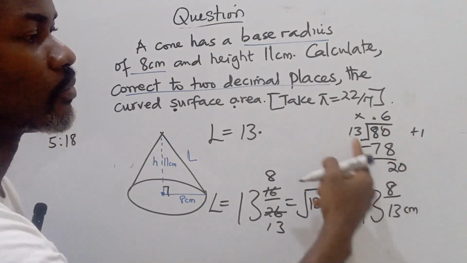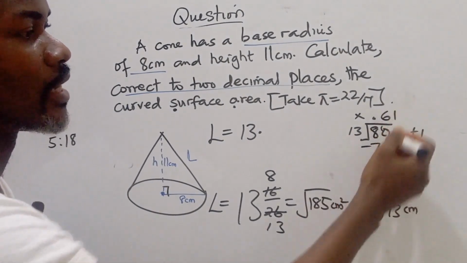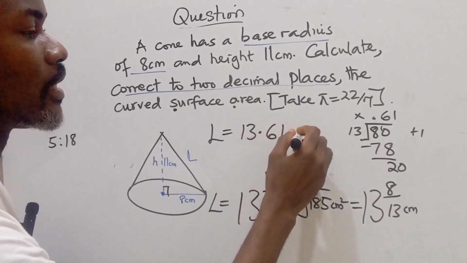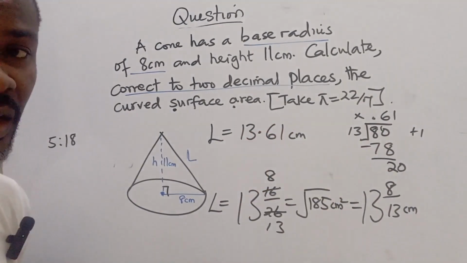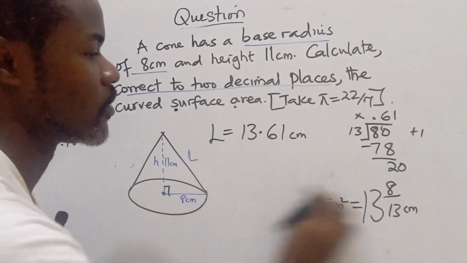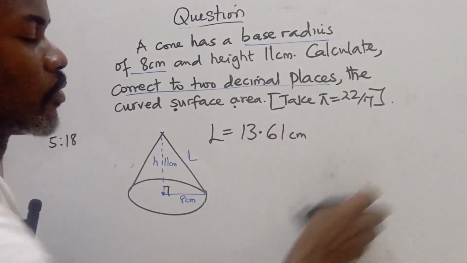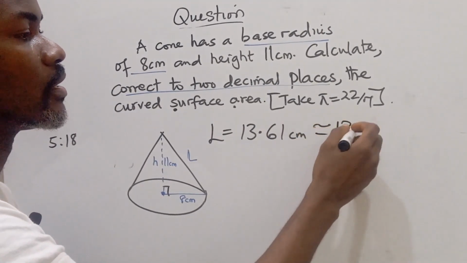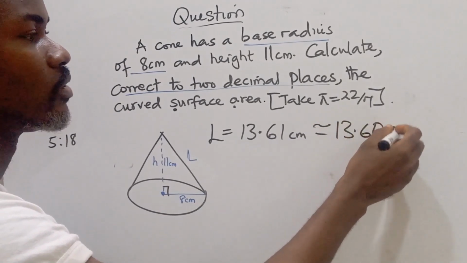If we add a 0, 13 into this is 1 time. So this is 13.61 centimeters. If you don't mind, you can also check it with your calculator. You should be seeing something around 13.60 centimeters for L.